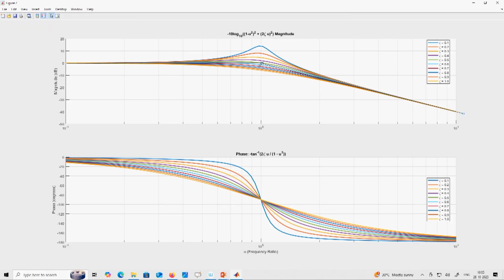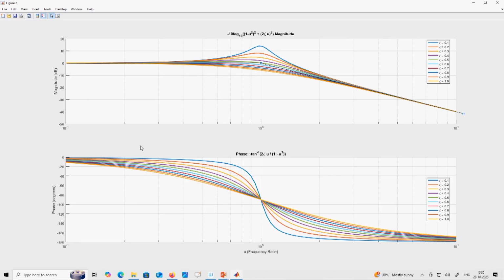At the corner frequency there is a change in the slope, and we get to minus 40 dB at u equal to 10, which is omega equal to 10 omega n. So after a decade it goes from 0 dB to minus 40 dB. From a slope perspective, zeta is not affecting that much.